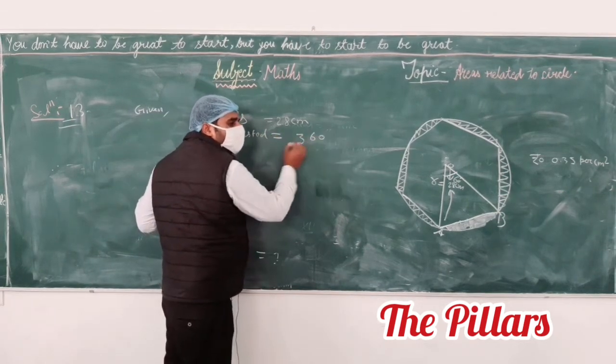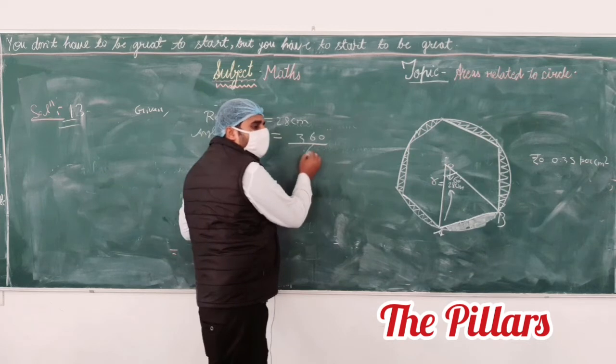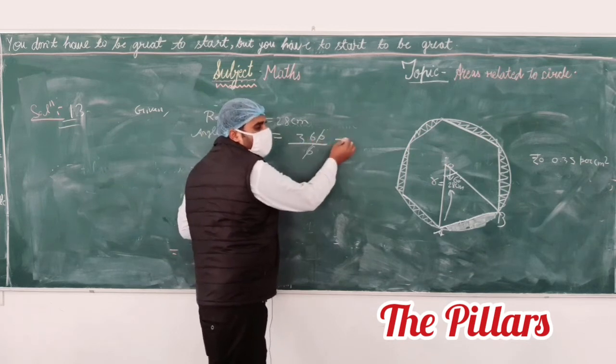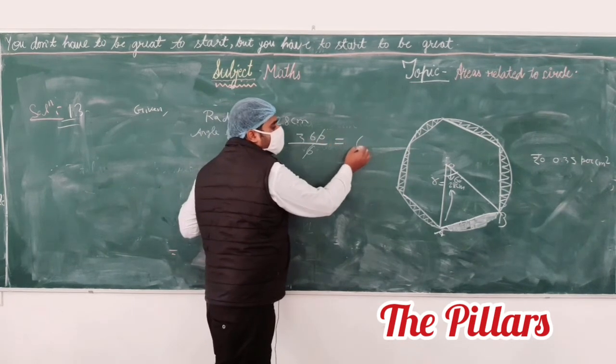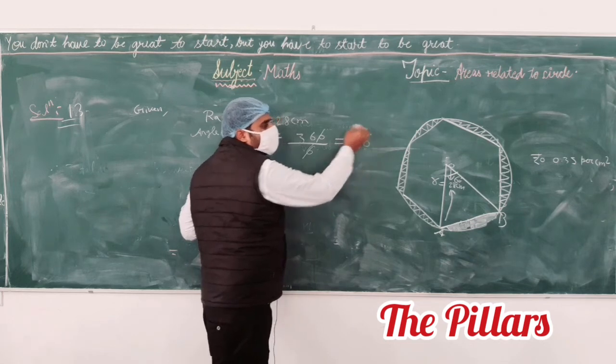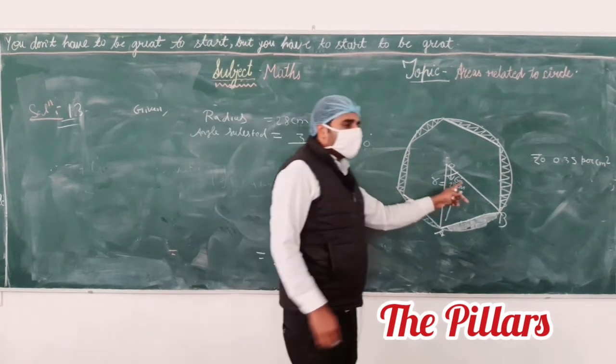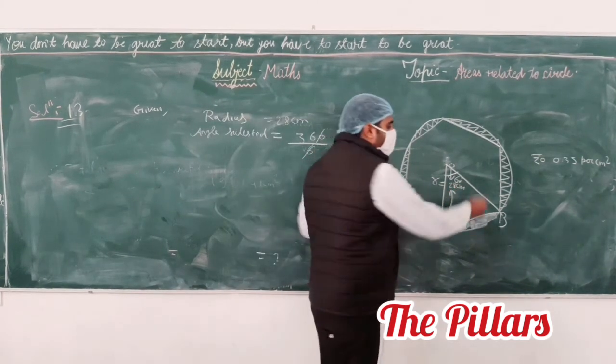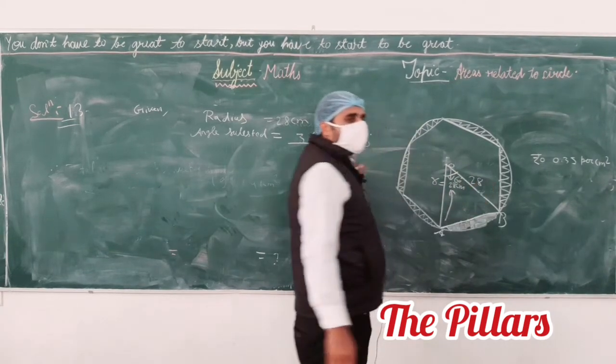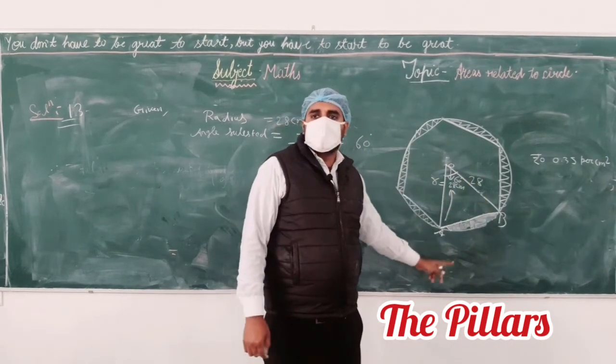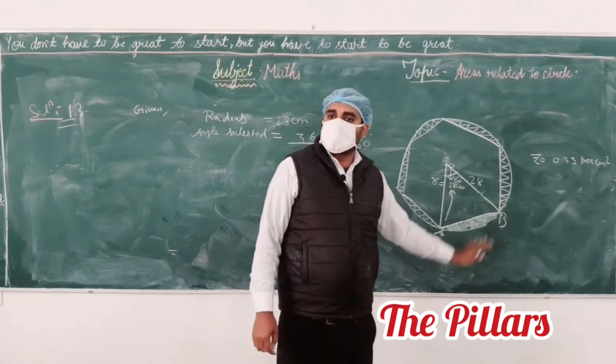How many designs do we have? 6. 360 divided by 6 is 60 degrees. You see that if this is the 60 degree angle and these are the radii, it means this is an equilateral triangle. OAB is an equilateral triangle.